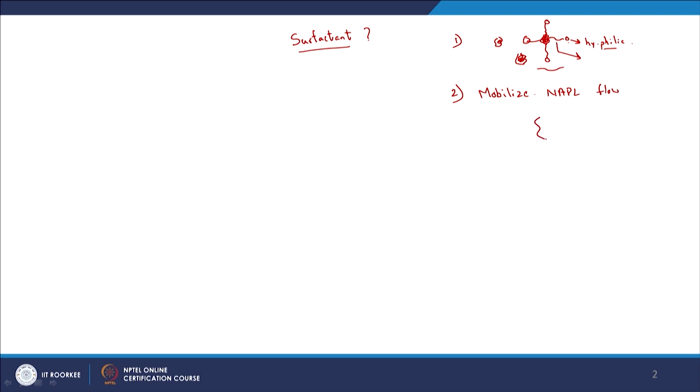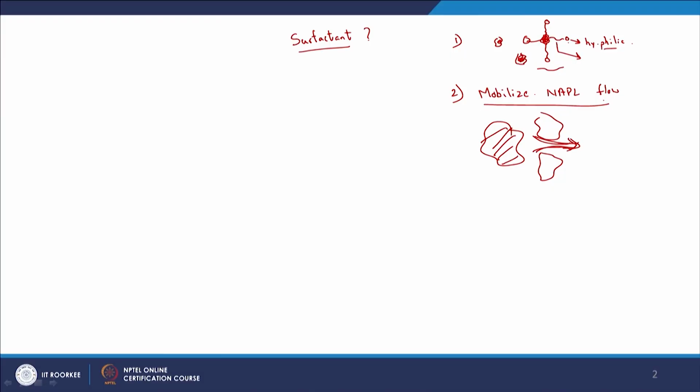As we looked at the case, let us say when we have two soil particles and you have a blob of NAPL and you want to squeeze this through this particular pore space, right. But this will have high interfacial energy, so that is relatively difficult to squeeze through. So addition of this particular surfactant will help in forming a surface, right.